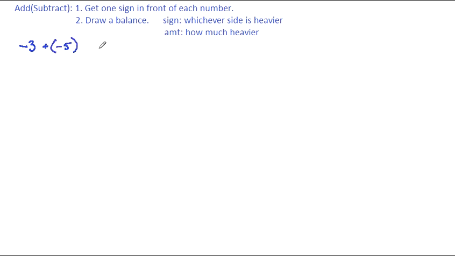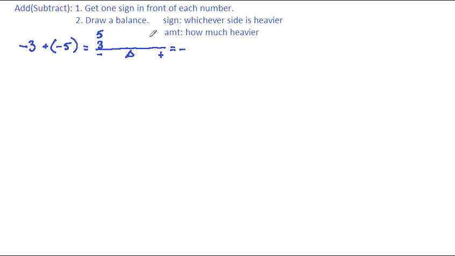All right, and if we draw a balance, we'll put the negative 3 on the negative side because it's negative, and then we'll put the 5 on the negative side, and we'll say which side is heavier. Well, the negative side certainly, so that's the sign of the answer.